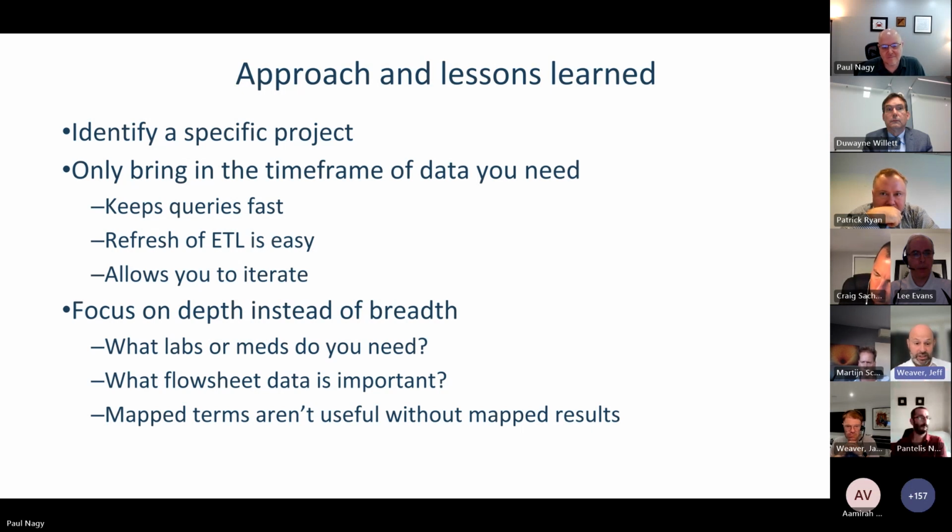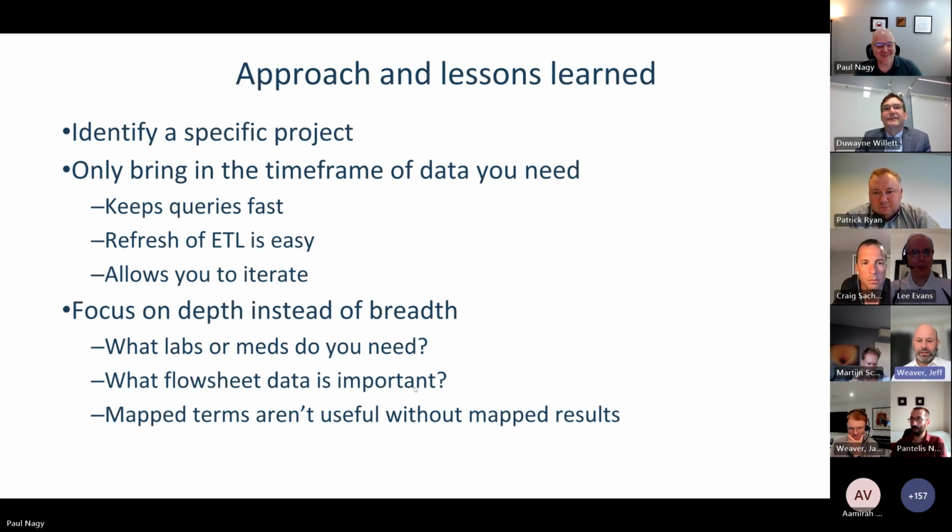One other thing that I don't have on this slide: we identified that project, but we also made sure we implemented the tools. So we have Atlas, Data Quality Dashboard, and Achilles. Those things were really important for us in getting past level 1 to level 2 and really curating the data. And by the way, I think we have 98 or 99% on the Data Quality Dashboard, just to brag a little.